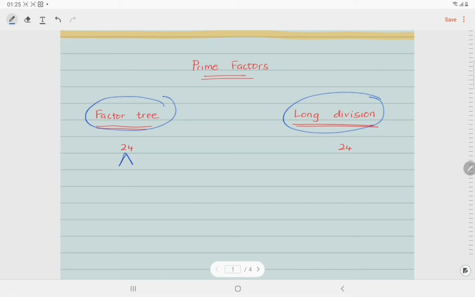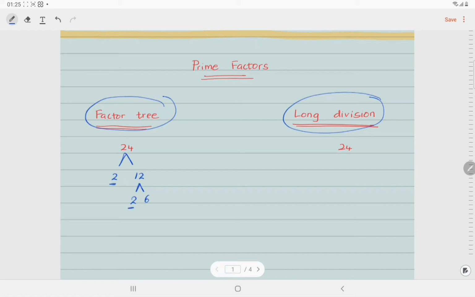You have to find a number by which 24 is divisible. So I'm going to go with 2, 2 times 12. Since 2 cannot be further divided, I'm going to go with the other side. So 12 can be further divided as 2 times 6.